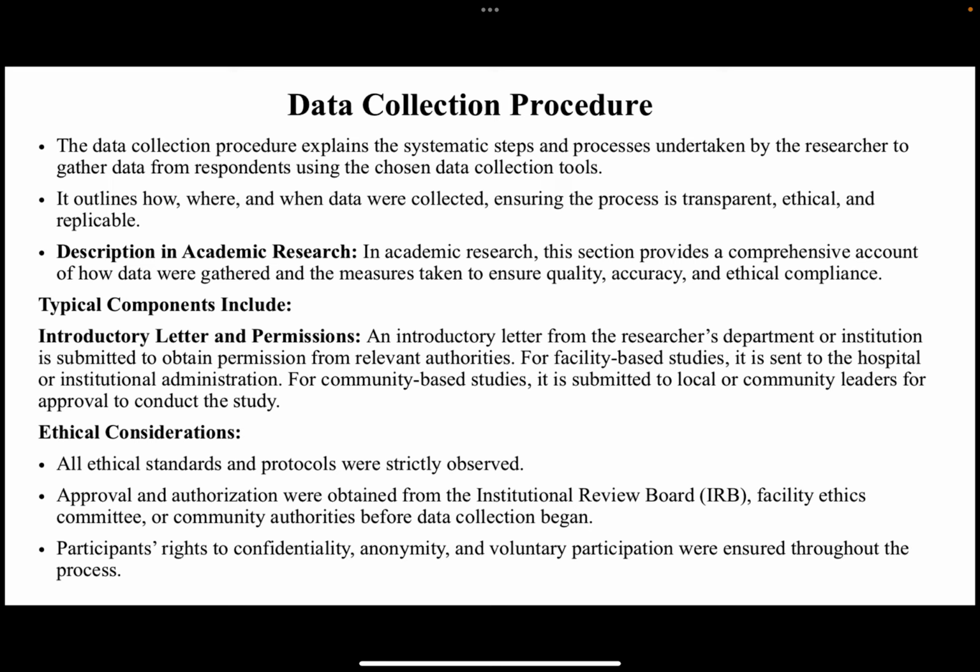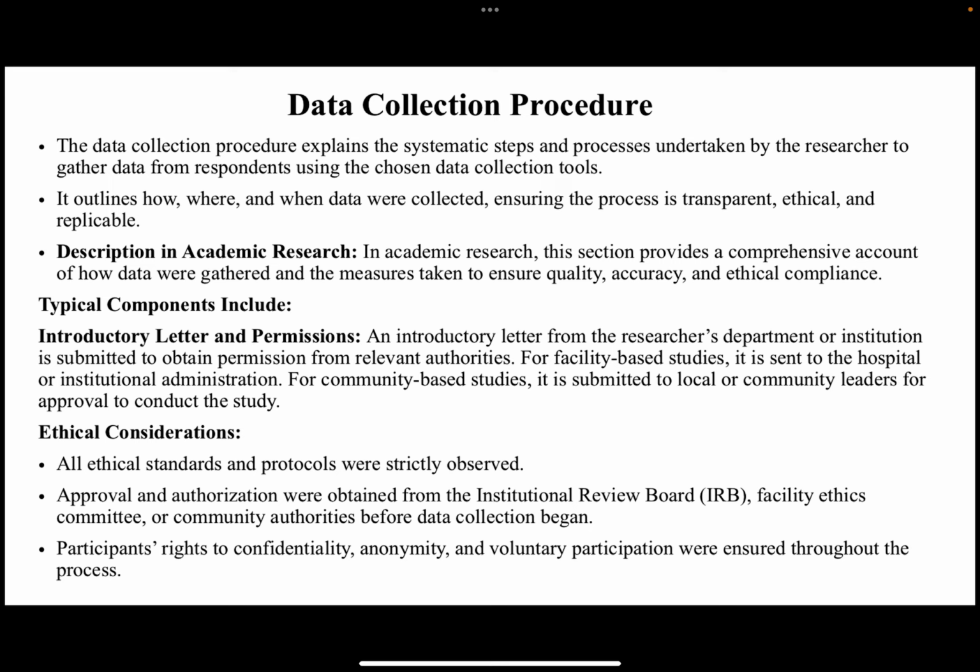Now, in an academic research, this section basically provides a comprehensive account of how data were gathered and the measures taken to ensure quality, accuracy, and ethical compliance.